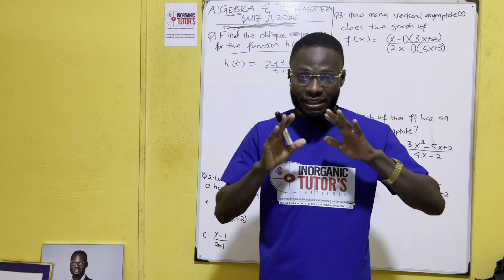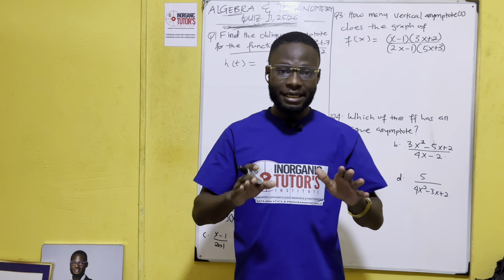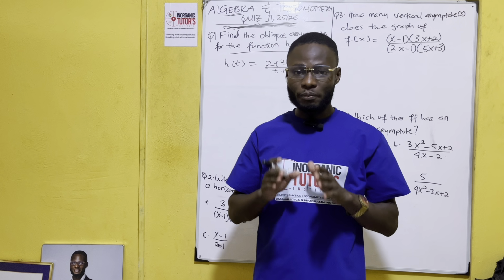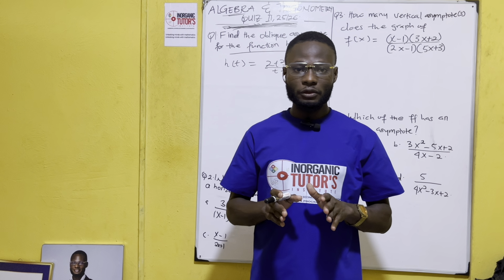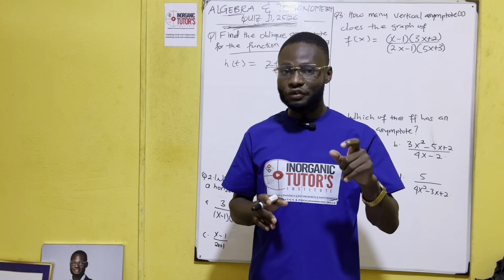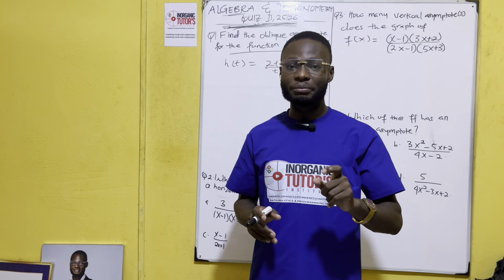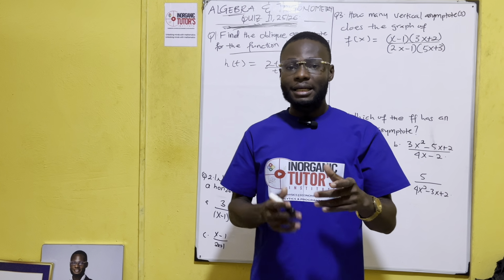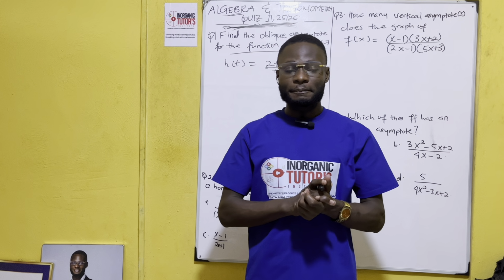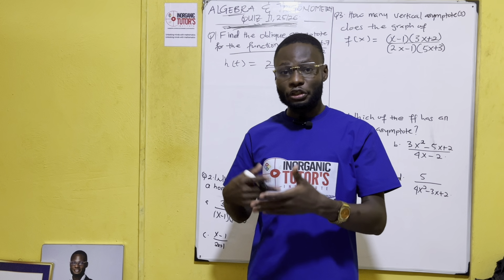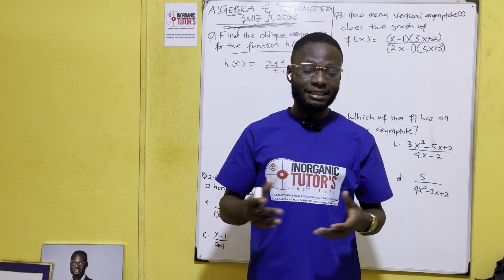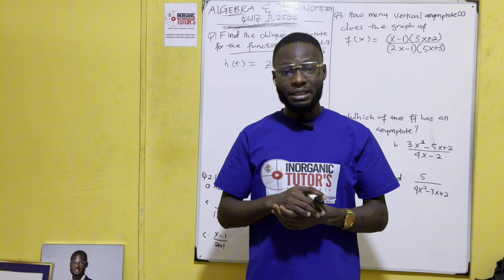If not, you cannot find an oblique asymptote. If it is, you can find it by either polynomial division or synthetic division. Then you get your oblique asymptote.